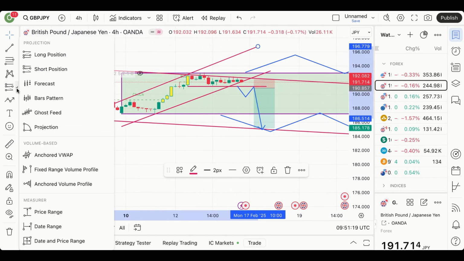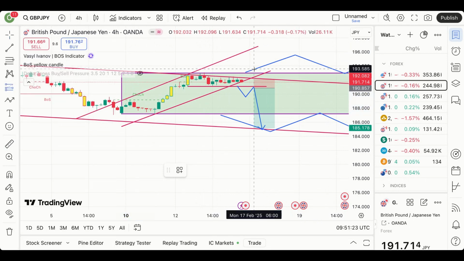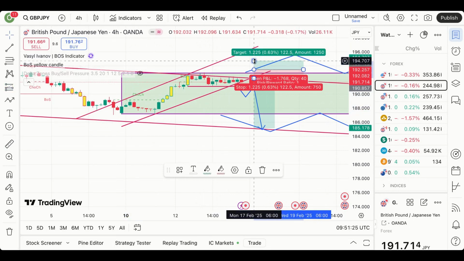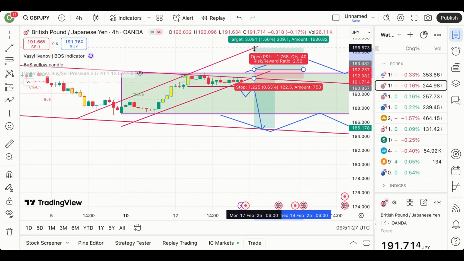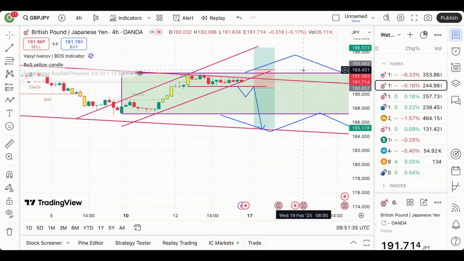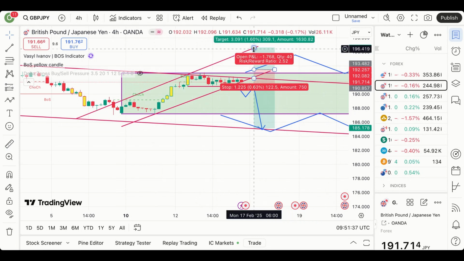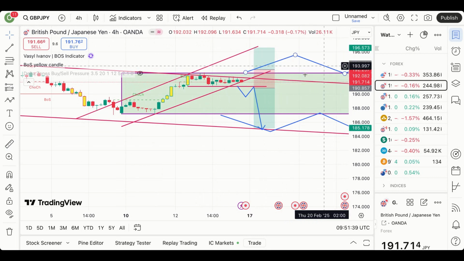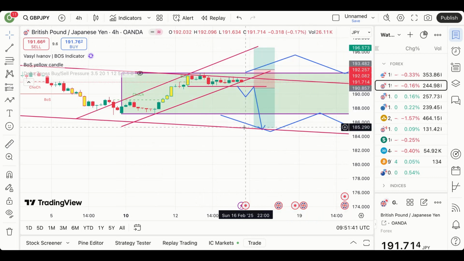So we are looking at the long position from here. So 300, we're looking for 300 pips take profit at this point. So that is the analysis for next week.